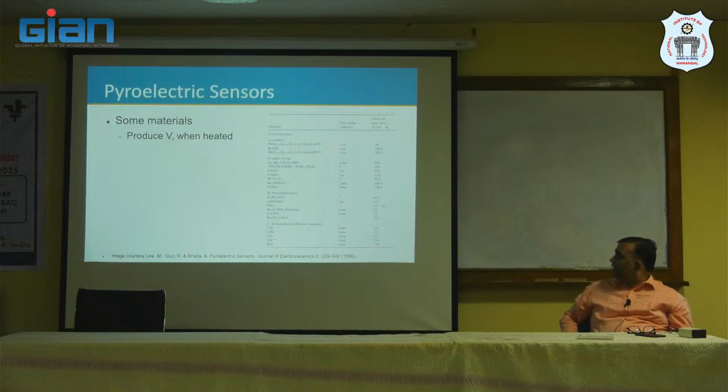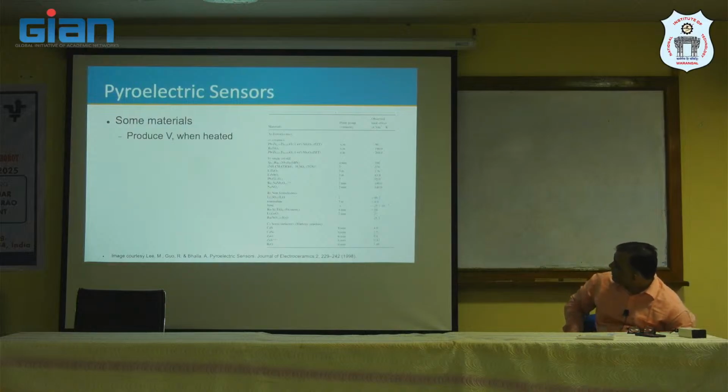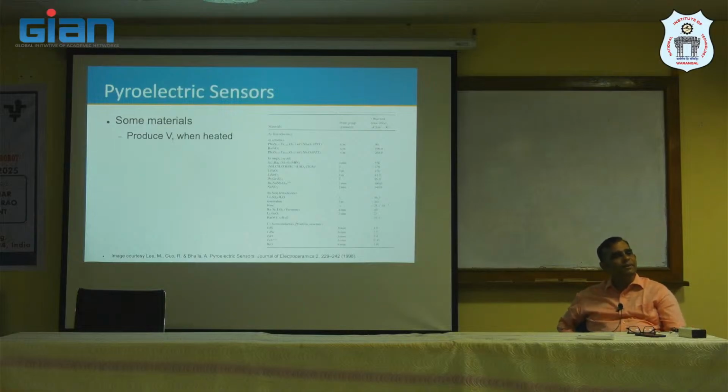Here if you look at things like aluminum nitride, do we have aluminum nitride here? We do not, but you have pyroelectric coefficients, if you look at the last column, of quite a lot of ceramics. Now, where do we use ceramics in silicon processes?